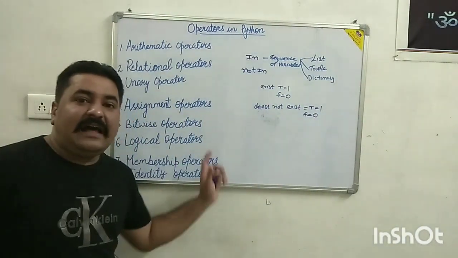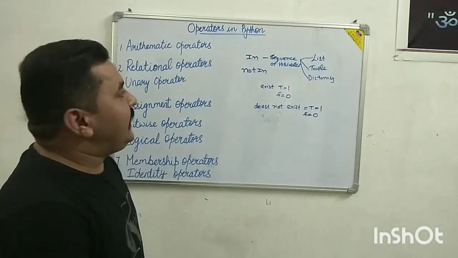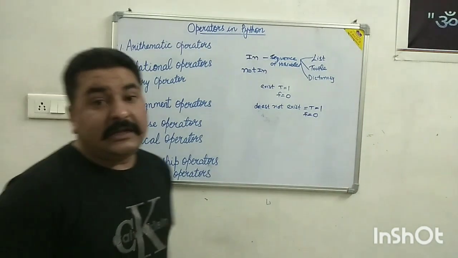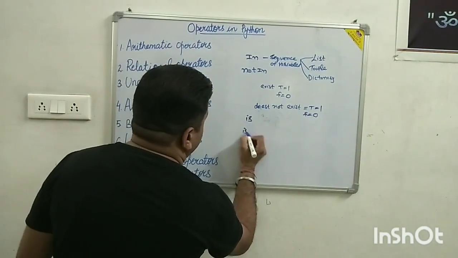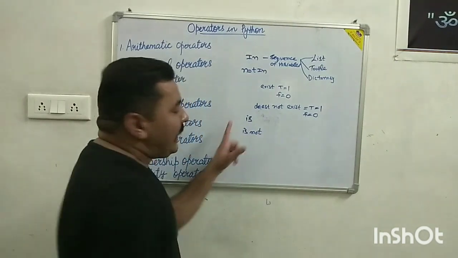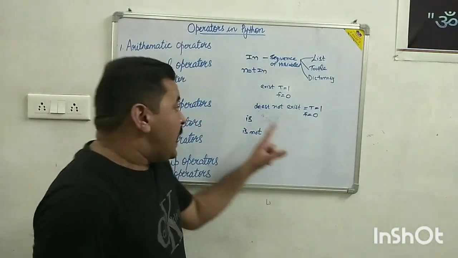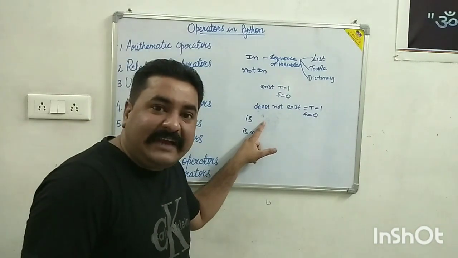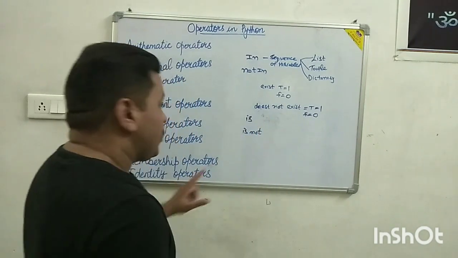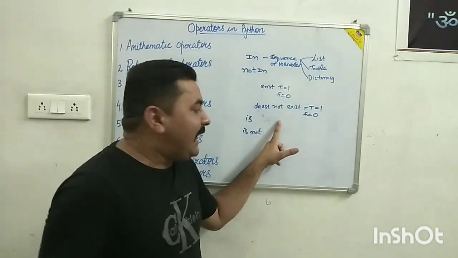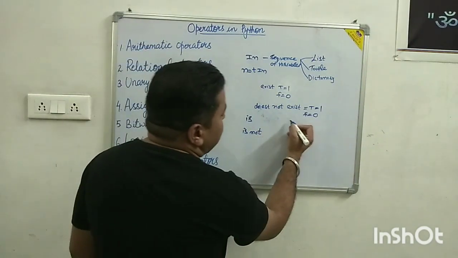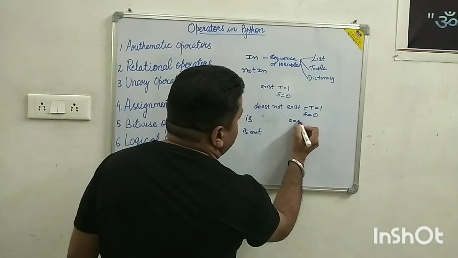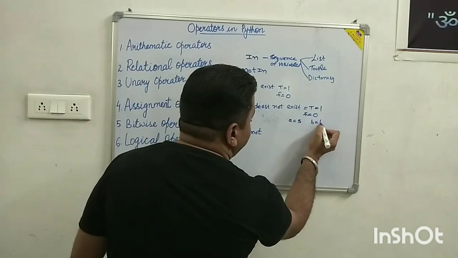So the next one is an identity operator, and in identity operator we have the two operators is and is not. This also exists in the Python language. If the two objects have the same value, that is an identity operator. For example, a is equal to 5 and b is equal to 4.